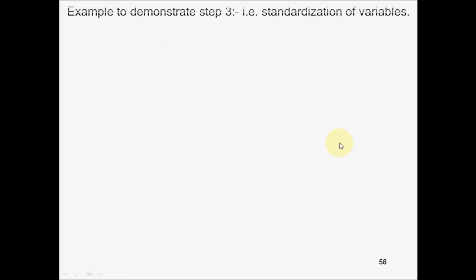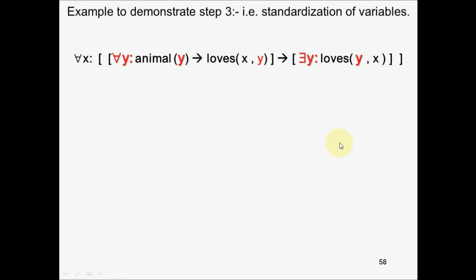As an example, consider this particular example. We had already seen this example in one of the previous videos. Everyone who loves all animals is loved by someone, right? Now notice that y is a quantifier used for animal, and for the someone who loves x, I have also used y.